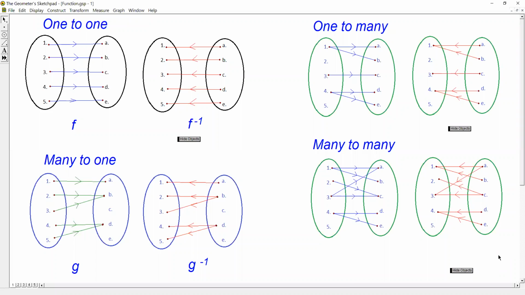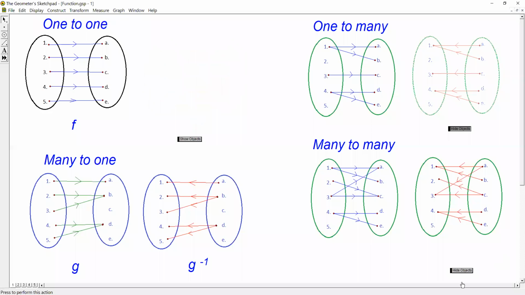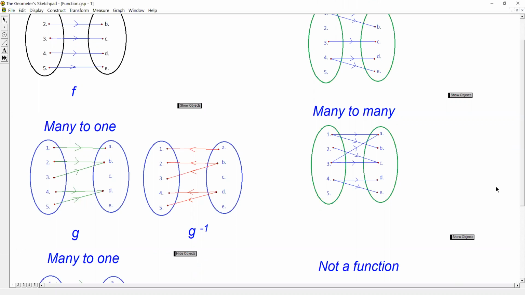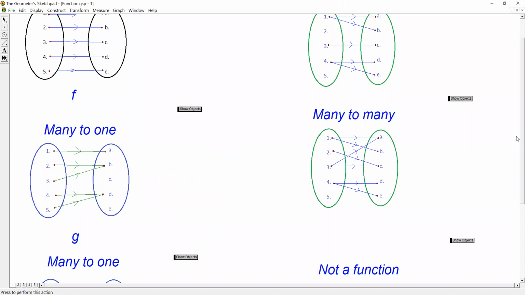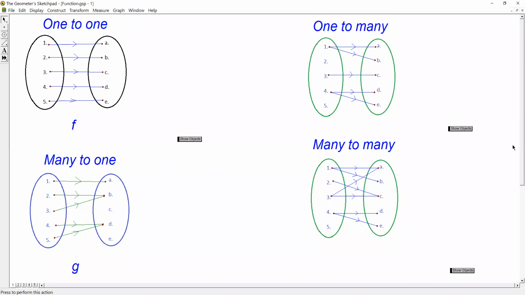So we look at these four examples here, Nurul Iman. These four examples, very famous one. We have learned in Form 4. So the first example is one-to-one relationship.